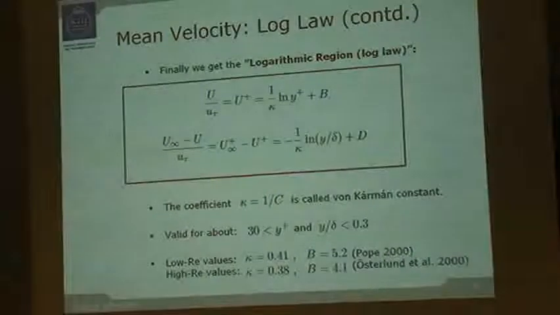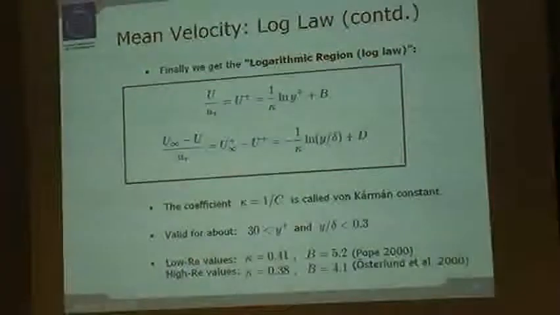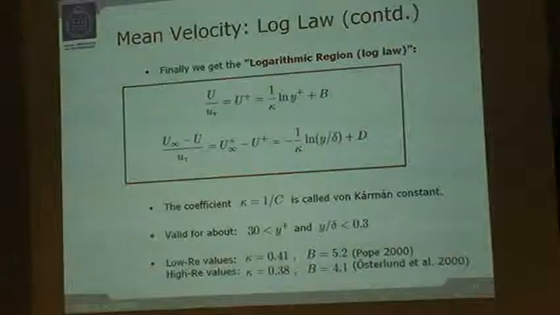constant. When you do simulations or experiments, it turns out that these descriptions are valid for a region of approximately 30 or so viscous units from the wall up to maybe 0.3 times the boundary layer thickness. So over a fairly extended region, we have something that resembles a log profile.